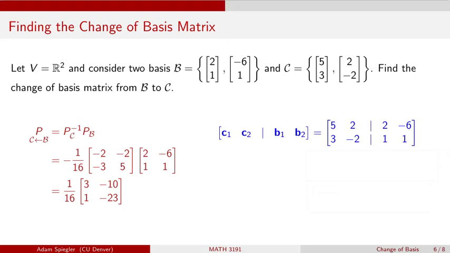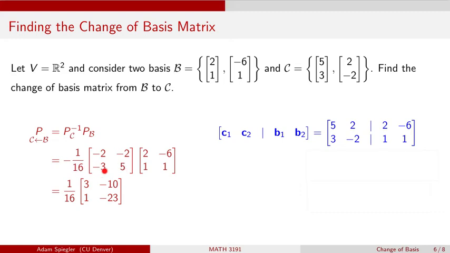And then we have on the other side of this vertical line the two column vectors from basis B that make up the change of basis matrix to go from B into standard coordinates. So that would look like 2, 1, minus 6, 1. And then what we want to do in the end is take this matrix of columns of B and multiply it by P sub C inverse.